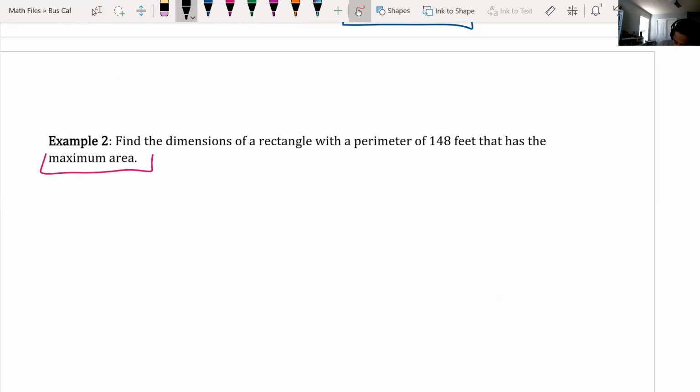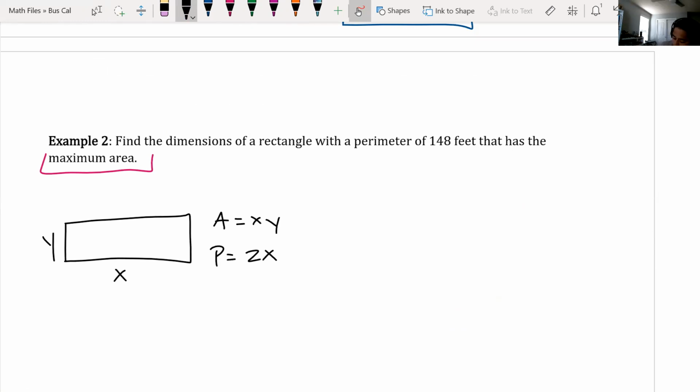But let's draw our pictures again. Here's my rectangle, here's x, here's y. And the formulas associated with the rectangle: we know our area is x times y, and our perimeter is 2x plus 2y.